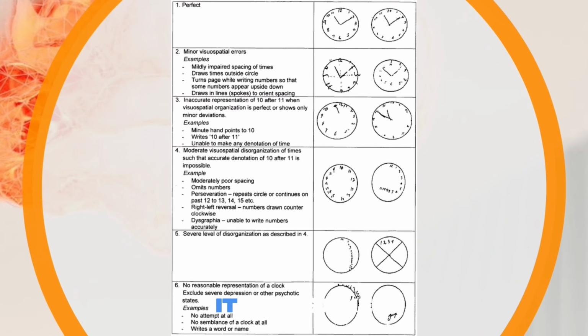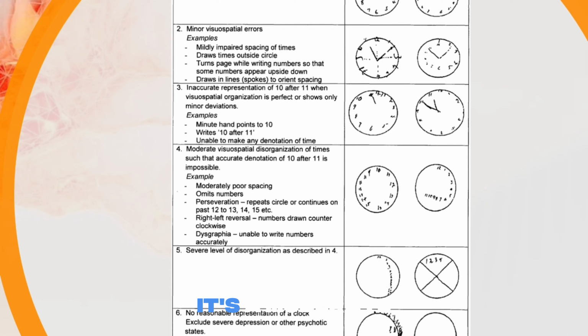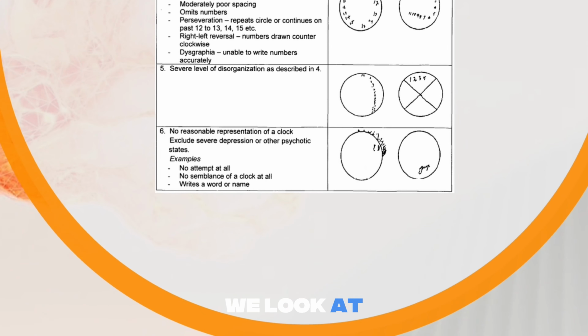Here is what it looks like, right? If you see here number 4, it's a moderate visual disturbance, disorganized, so the numbers are not quite in the right place, right? And that gives you examples. If we look at number 6, you can't really say this was a clock, right?